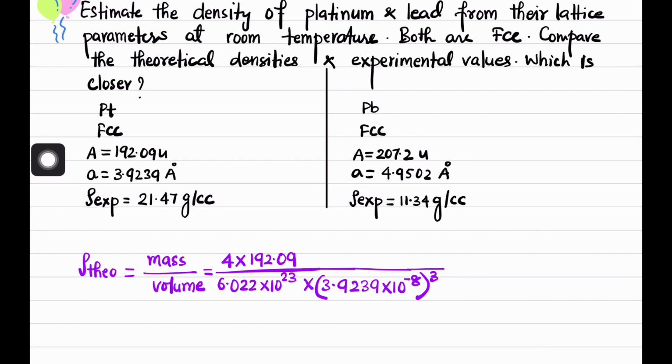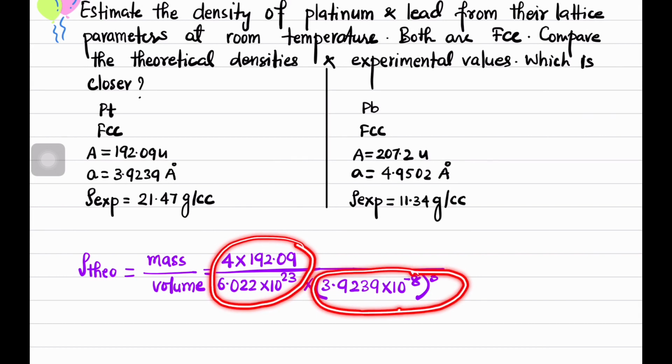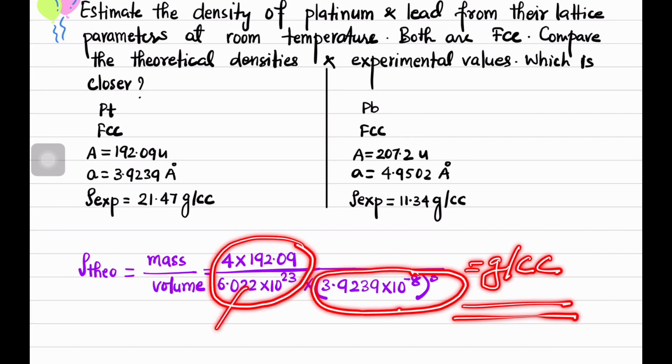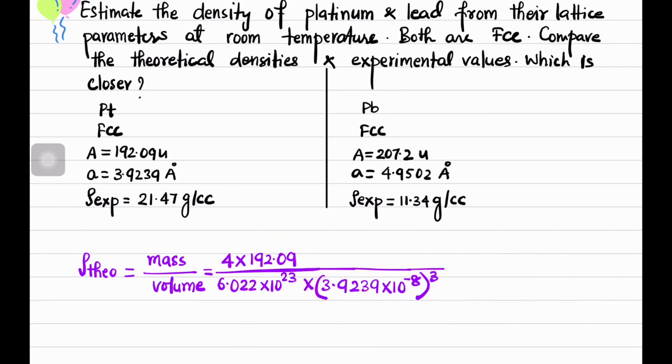So this is the mass of the unit cell in gram, and this is the volume of the unit cell in centimeter cube. So overall it will be gram per cc, that will be the density.